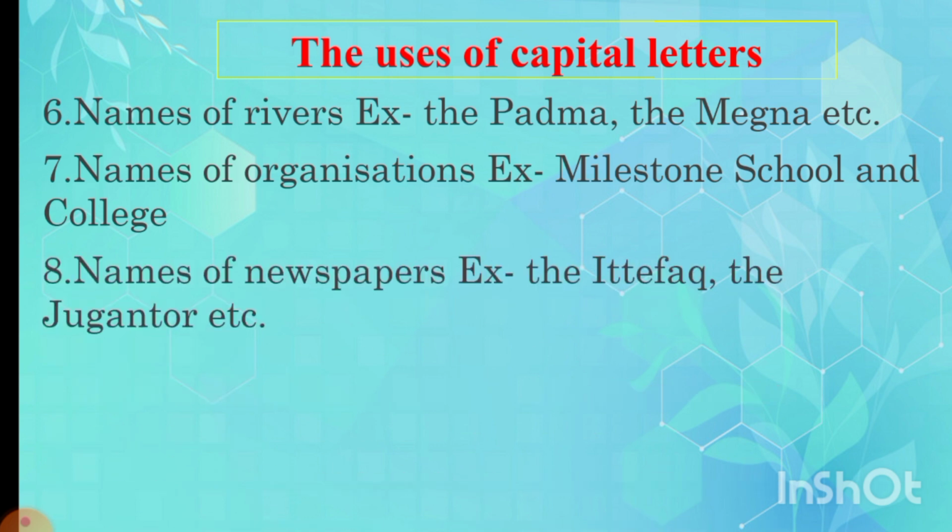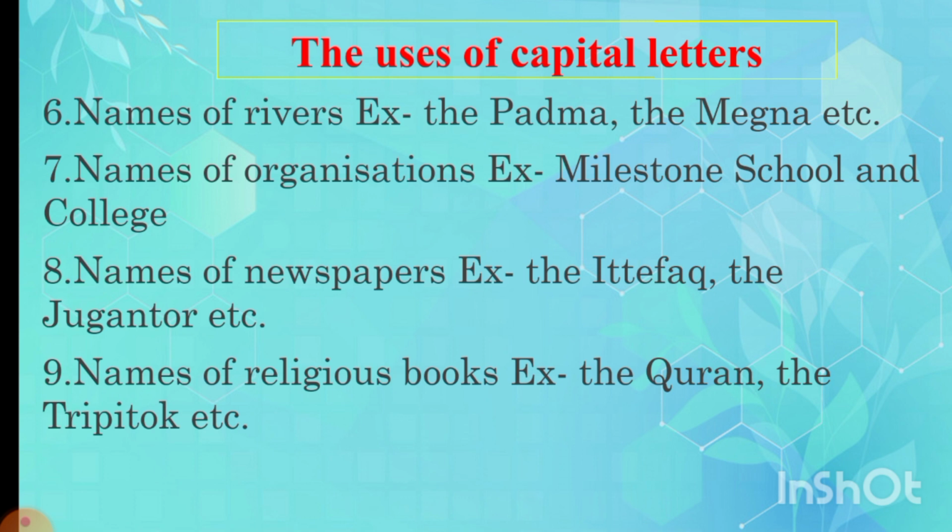Number 8, names of newspapers. You have to start with a capital letter. The Ittefaq, Ittefaq is the newspaper's name. So Ittefaq I will be a capital letter and then the Jugantar J will be a capital letter. Then names of religious books.